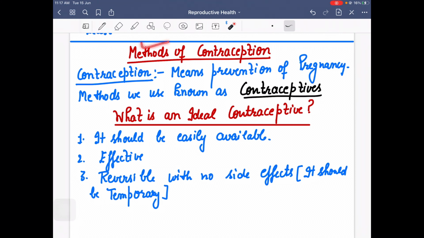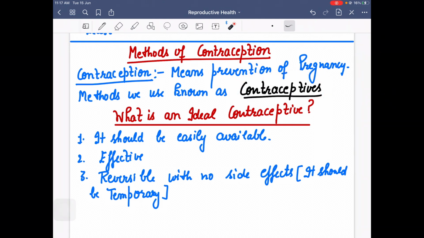When we say methods of contraception, the word contraception should be crystal clear in your mind, right? Contraception means prevention of pregnancy, and the methods which we use to prevent pregnancy are known as contraceptives.